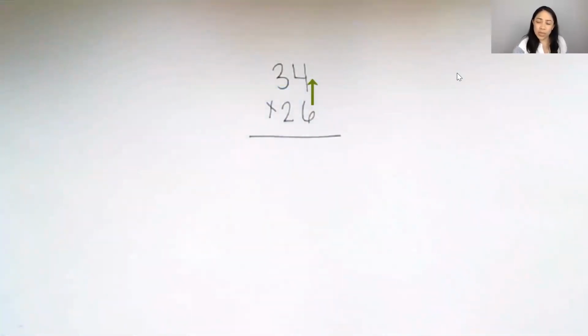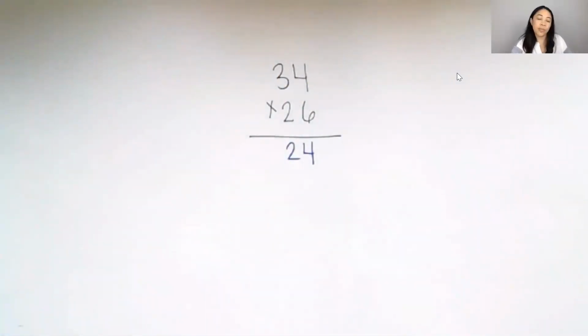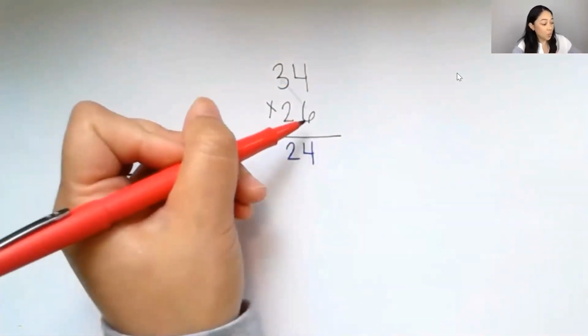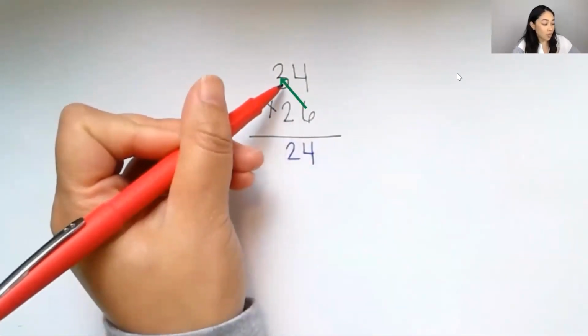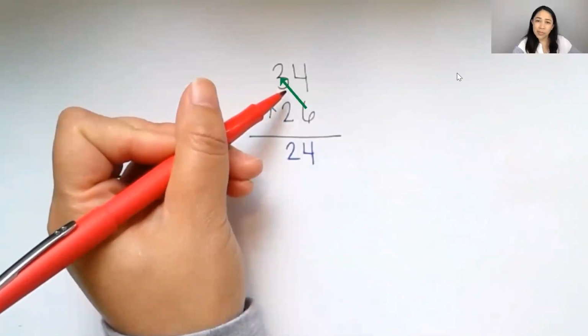What is 6 ones times 4 ones? 24 ones. Let's record 24 ones as a partial product. What did we multiply next? 6 ones times 3 tens. What does that equal?